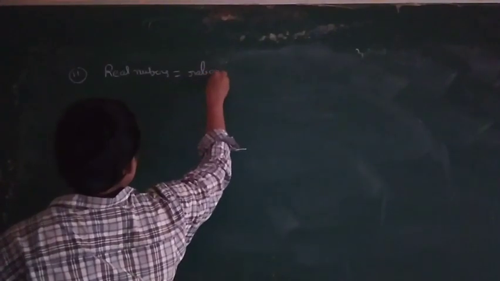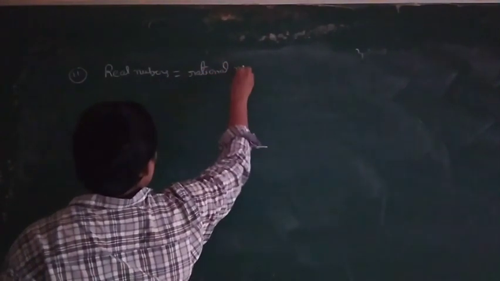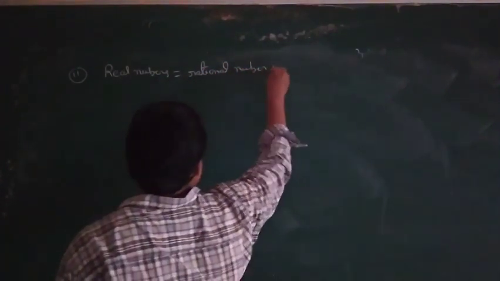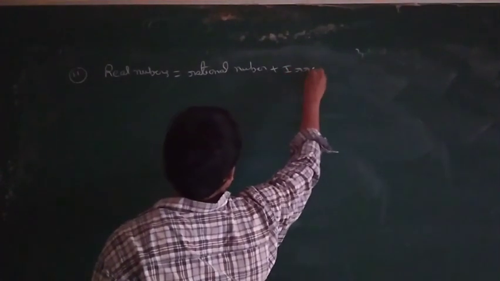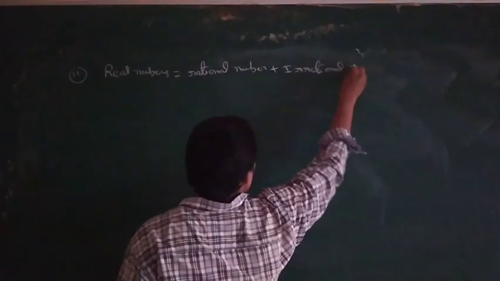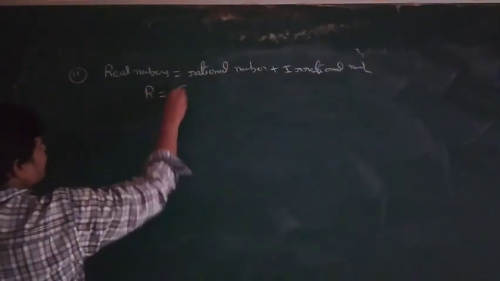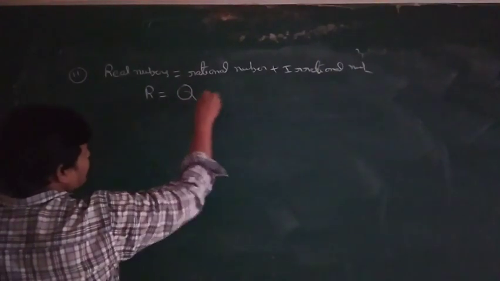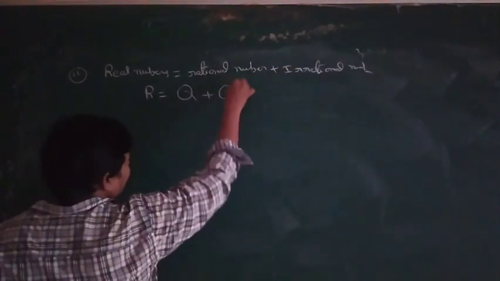Real numbers is equal to rational numbers plus irrational numbers. Okay, real numbers denoted by R, rational numbers denoted by Q, plus irrational numbers denoted by, suppose, Q star.